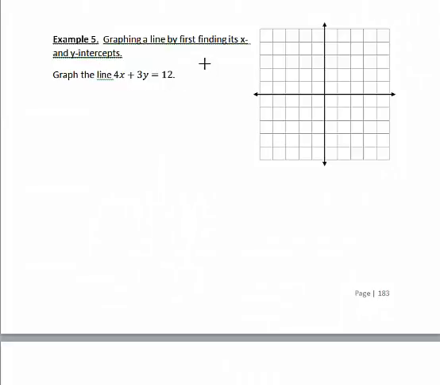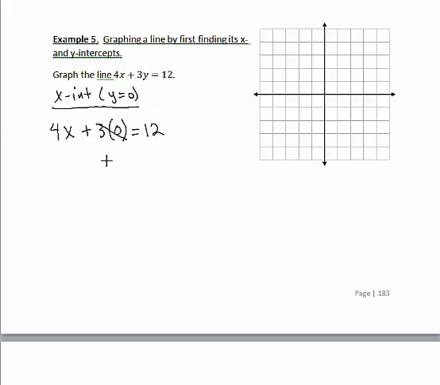So here we have an equation. We're not told outright what the x and y intercepts are. So we have to find them ourselves. For the x-intercept, y equals 0. Any point on the x-axis, the y-coordinate is 0. So we take our equation, 4x plus 3y, and instead of writing y, we put a 0.